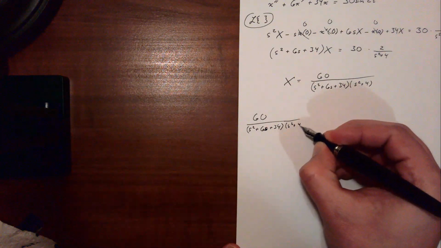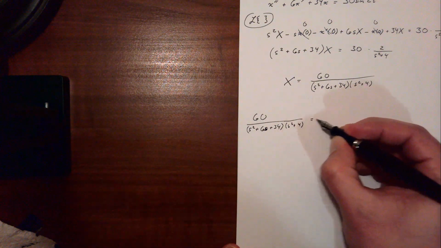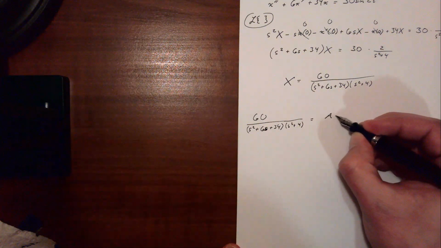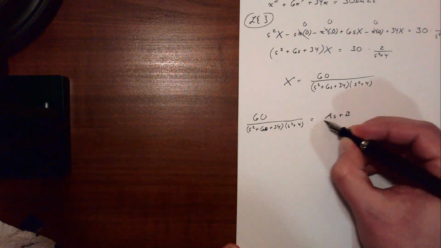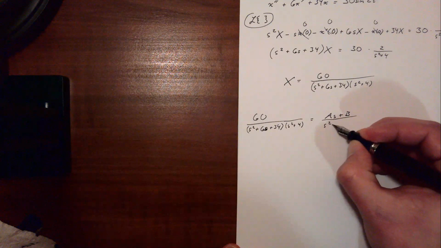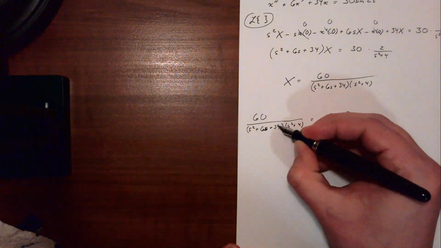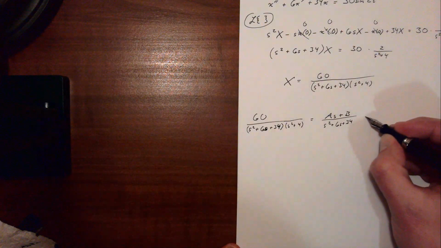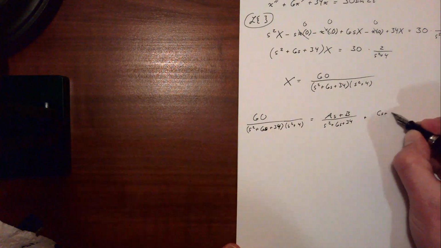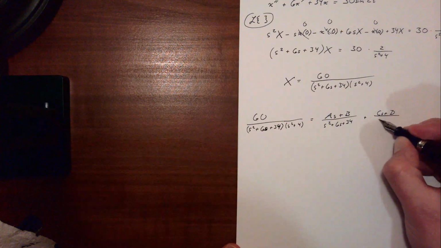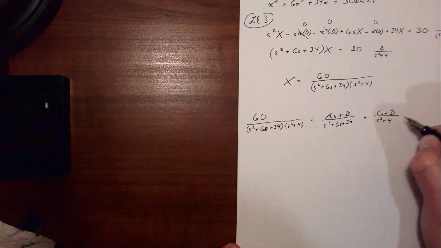This is going to equal As plus B over s squared plus 6s plus 34, plus Cs plus D over s squared plus 4.